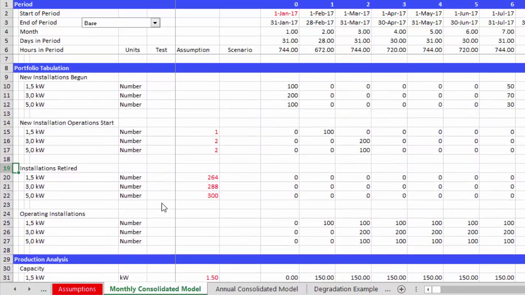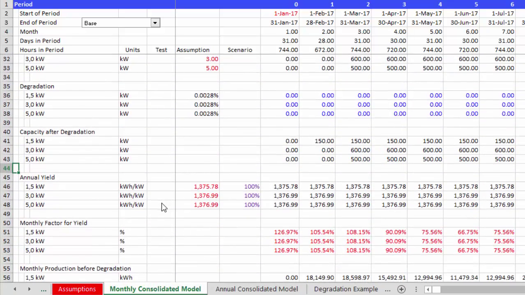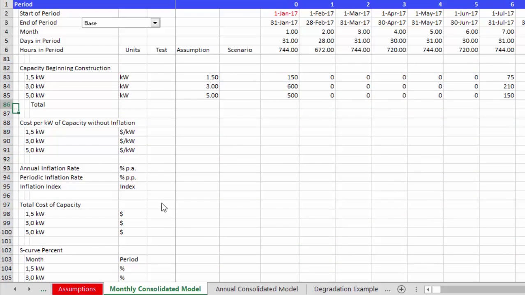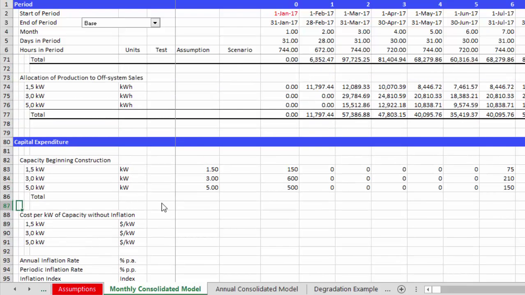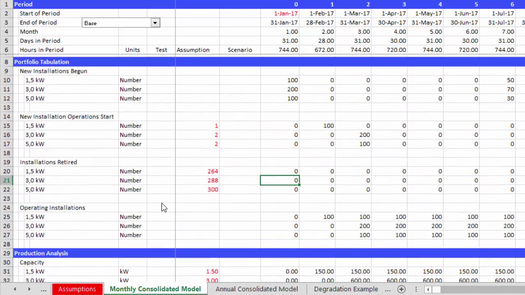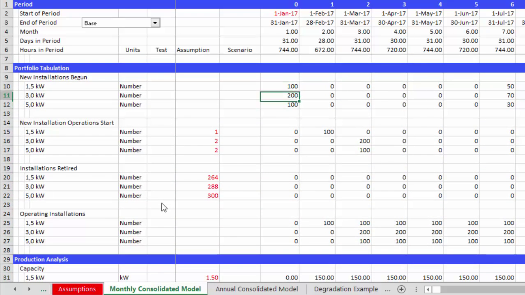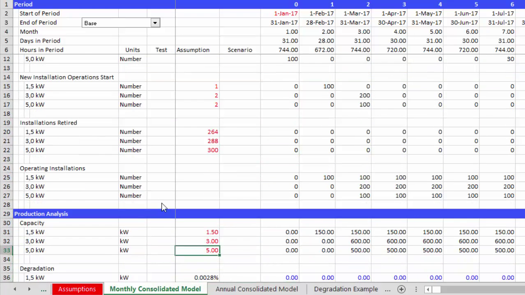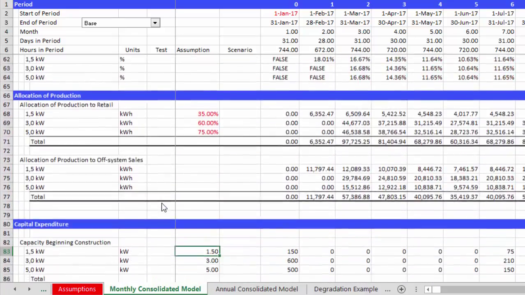I press Control Page Down. Okay, so the first thing I did is just collected the capacity. I did this already, so the date we start the installations, and then we multiply those by the capacity of the projects.